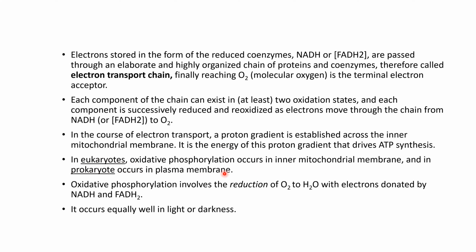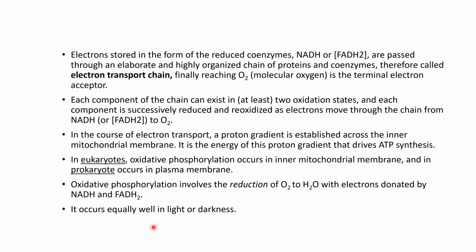There is a proper mitochondrial structure, but prokaryotes are simpler cells, with only a plasma membrane and a nucleoid, and this is happening in the plasma membrane. Oxidative phosphorylation involves the reduction of oxygen to water with electrons donated by NADH and FADH2.